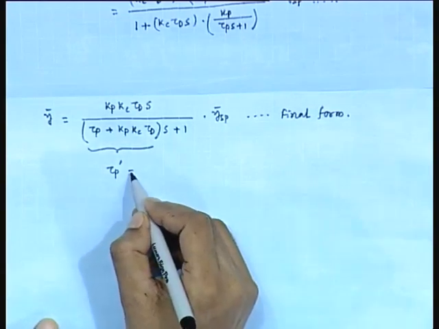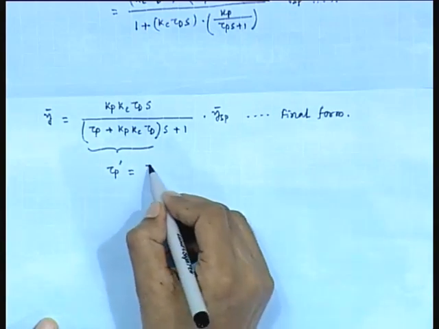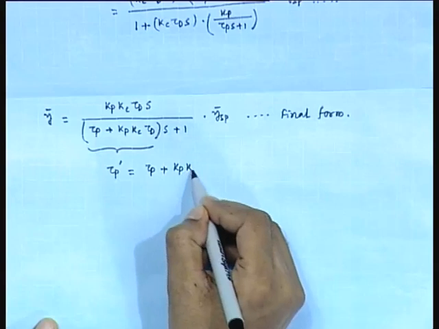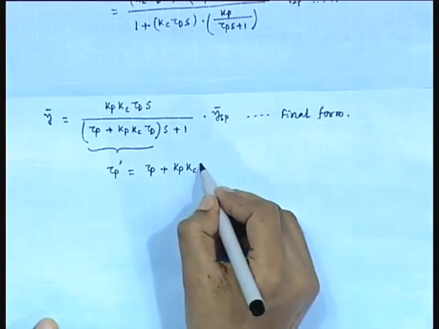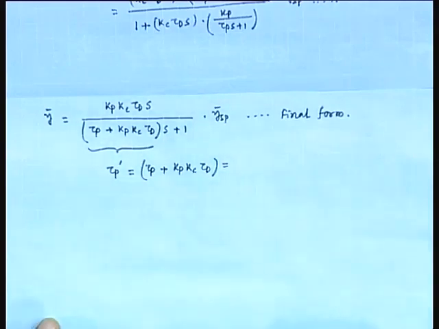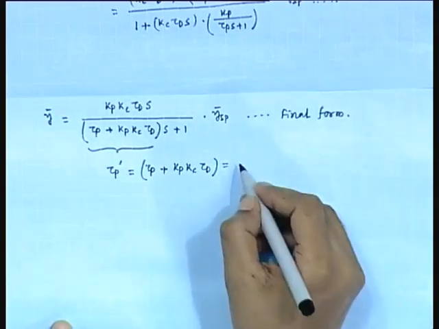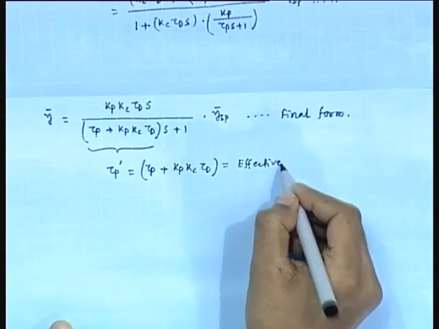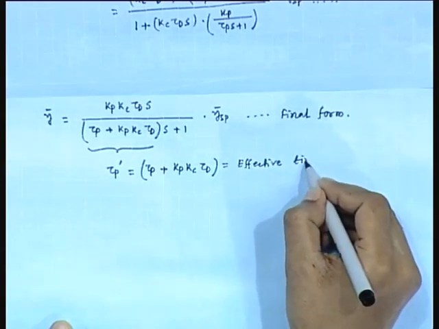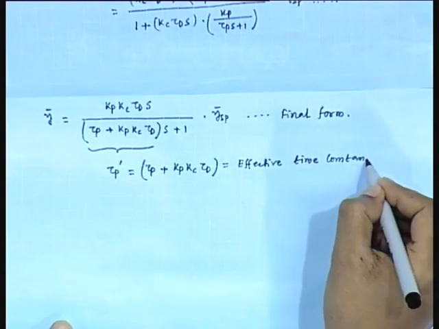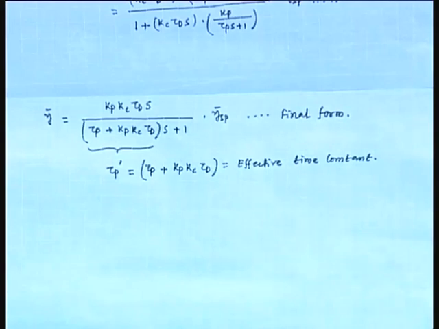So, tau p prime equals tau p plus Kp Kc tau d. This is called the effective time constant.